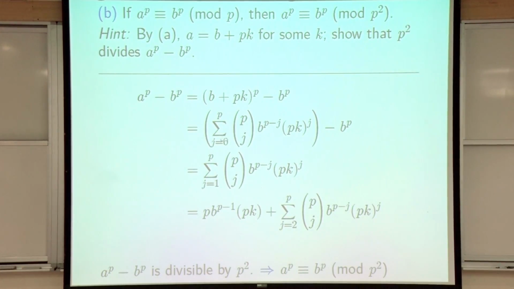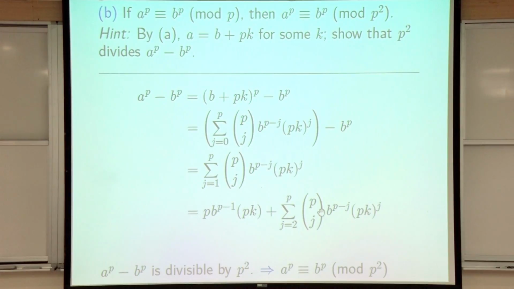The J equal to 0 case is equal to B to the power P. So we delete the J equal to 0 case. And for the J equal to 1 case, we get P choose 1, which is P, times B to the power P minus 1 times PK. We have P here, so this part is divisible by P squared.